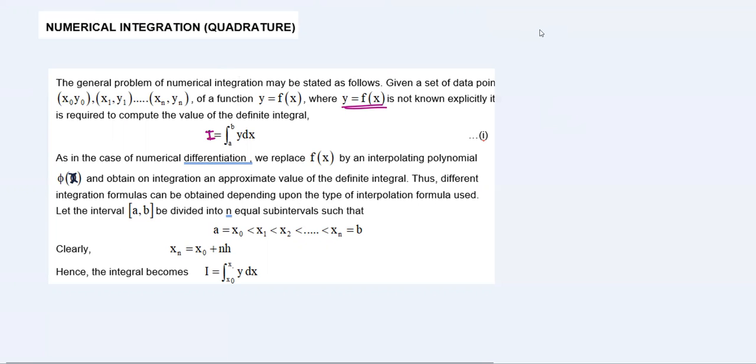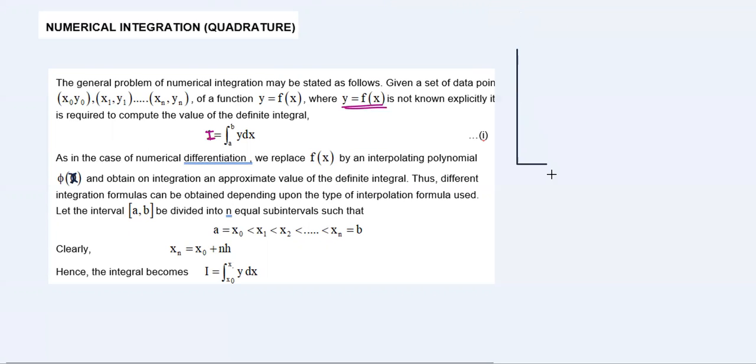So, if we see this, I want to integrate from points A to B. Now, I don't know the function, the actual function. I don't know the curve exactly.